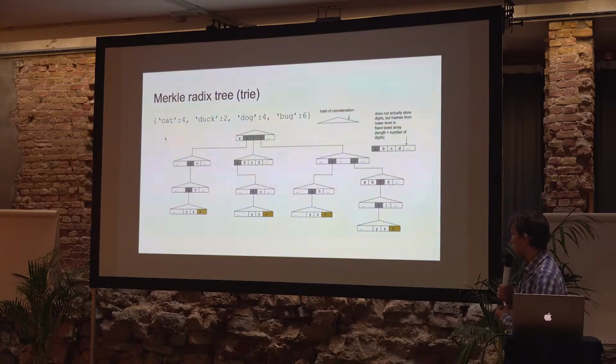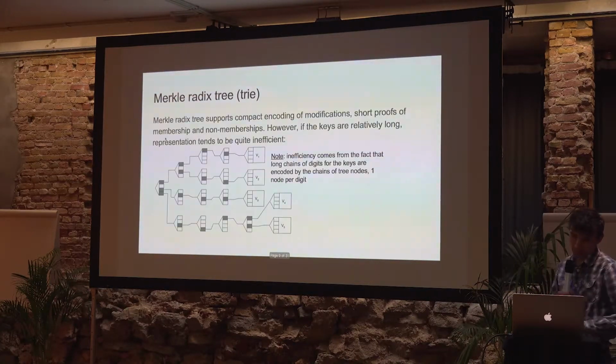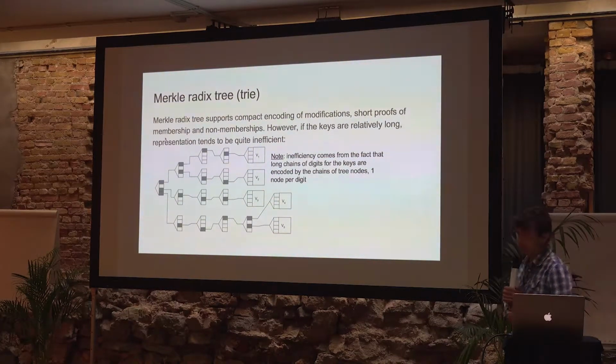The triangles show that we hash upwards from the bottom. We concatenate the keys and the hashes on the bottom and then hash upwards. In Ethereum, something like this is used, but not with radix 26 or radix 4 like in this picture, but with radix 16.